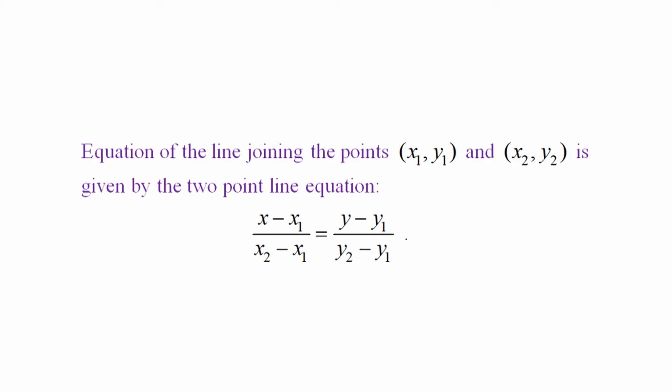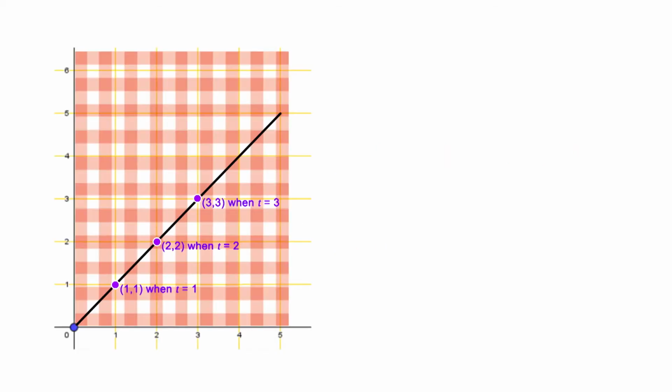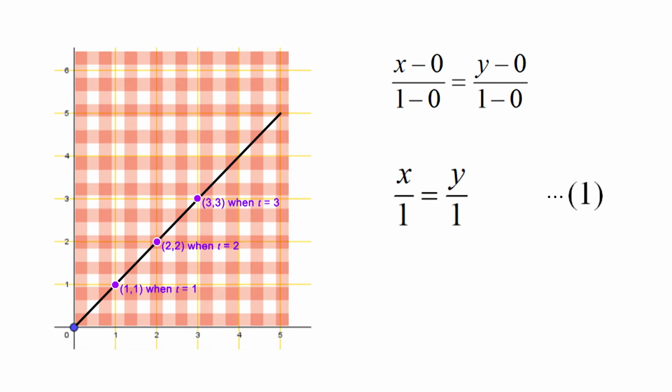For this we recall that the equation of the line joining the points (x1, y1) and (x2, y2) is given by the two-point line equation (x minus x1) by (x2 minus x1) is equal to (y minus y1) by (y2 minus y1). Hence, here the equation of the line joining the points (0, 0) and (1, 1) is (x minus 0) by (1 minus 0) equal to (y minus 0) by (1 minus 0), that is x by 1 is equal to y by 1, we call it equation number 1.